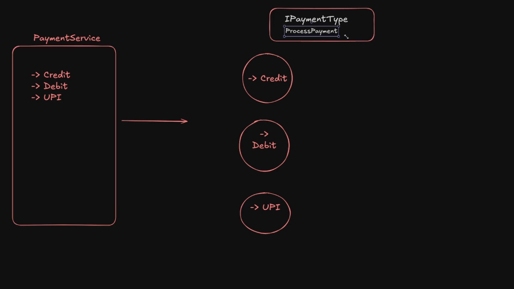The process payment method handles everything, how a payment process should be done. So this is an interface which will be inherited by this class, which will also be inherited by this class, and which will also be inherited by this class. So now each of these classes are forced to have a method called process payment.